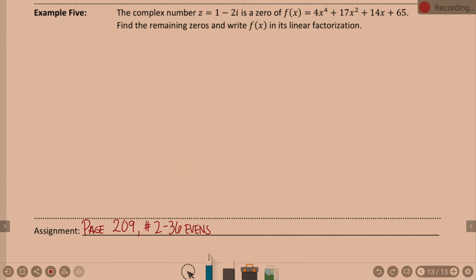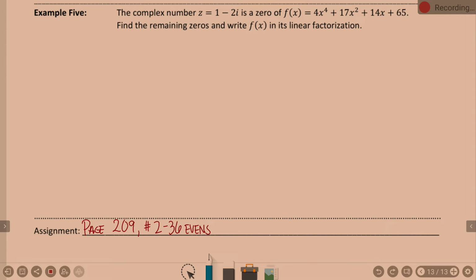The complex number z equals 1 minus 2i is a 0 of f of x. Find the remaining zeros and write f of x in its linear factorization. Okay.